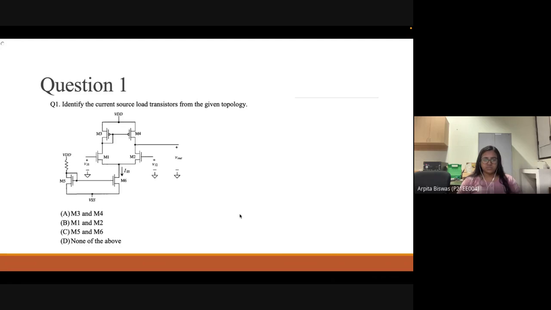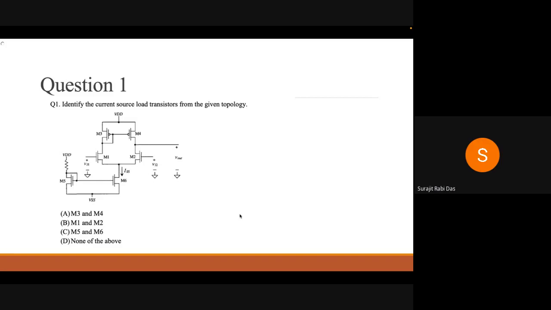Which two transistors act as a load transistor here? Can anyone explain a little bit?